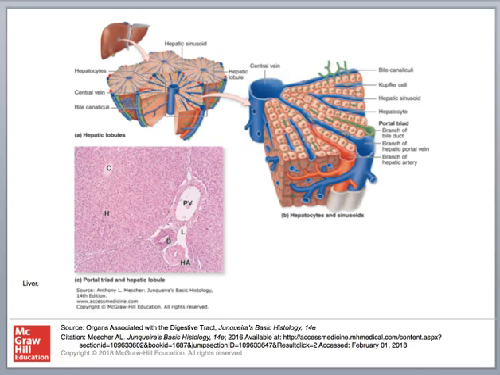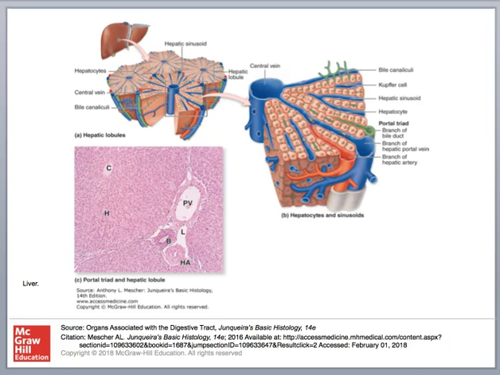And you'll notice that the red vessels are branches of the hepatic artery located in the portal triad, and you can see that blood is flowing through the sinusoids, and that's represented by the red and blue vessels towards the central vein.